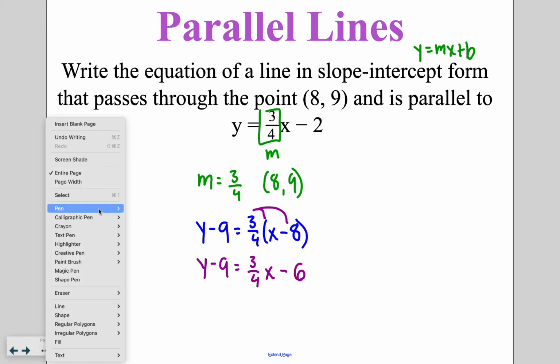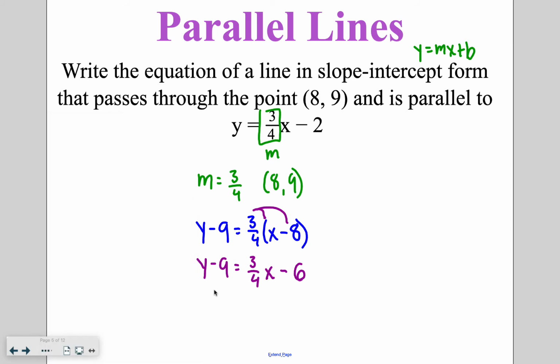Then in order to be in slope-intercept form, I need the y by itself, so I'm going to add 9 onto both sides of my equation, and I get that my parallel line is y is equal to 3/4 x plus 3. So we have that value with our same slope, but different y-intercepts.